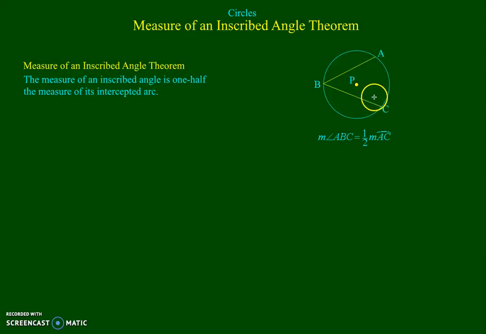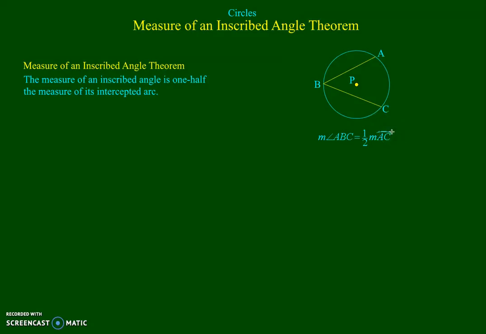If you recall, the measure of a minor arc is the measure of the central angle that intercepts it, and so therefore the measure of an inscribed angle is going to be 1/2 the measure of the central angle that intercepts its arc.